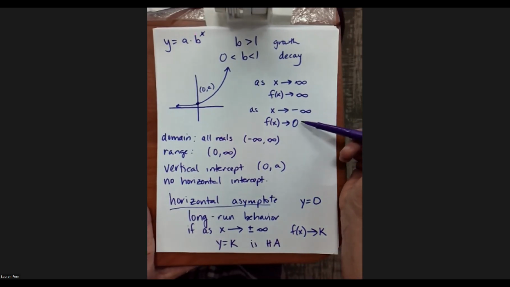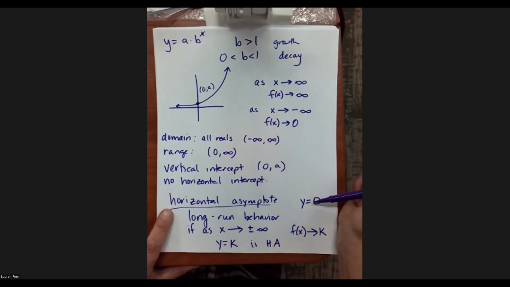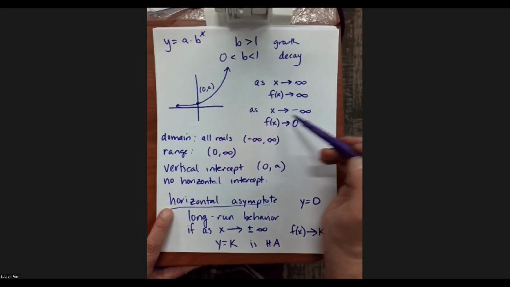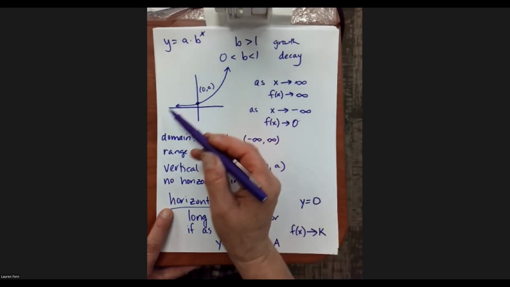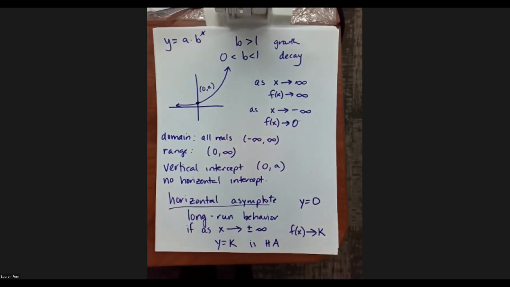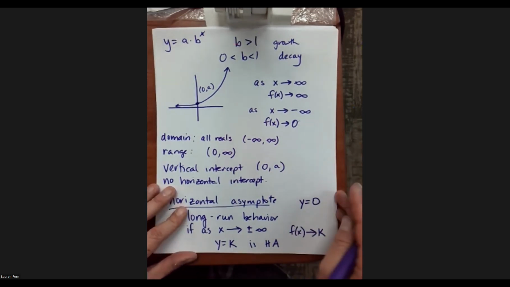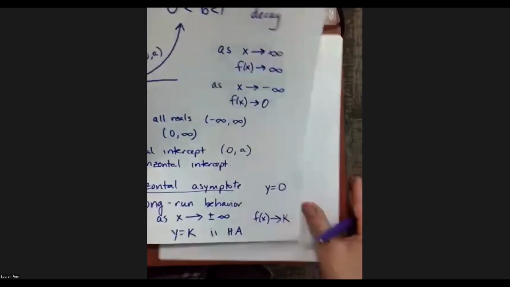Notice here, our horizontal asymptote is y equals 0, because as x gets really, really small, our function values approach 0. Now this, again, is for growth.